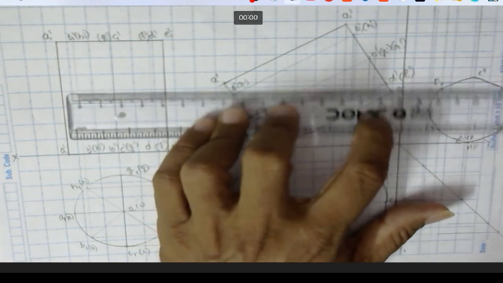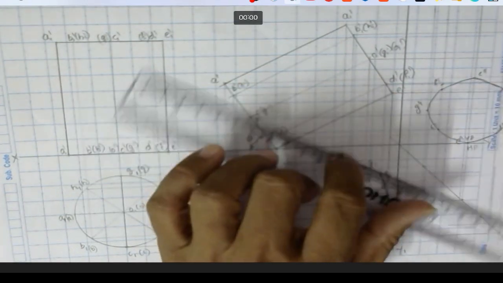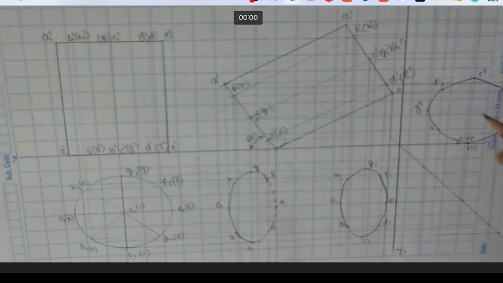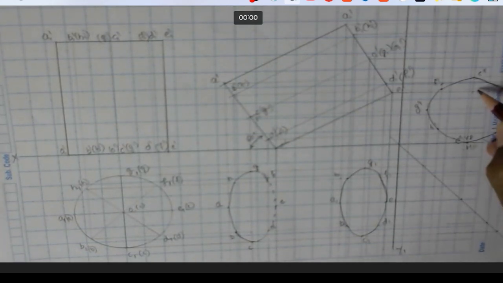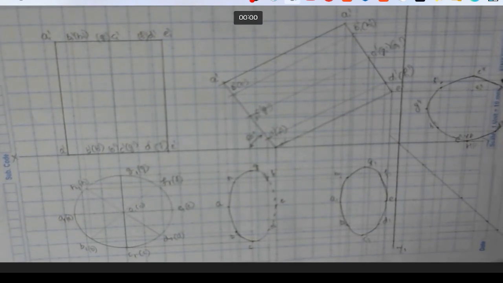Here I got a top surface. Now let us mark here, this one is what E1 double dash. Now this point refers to D1 double dash.